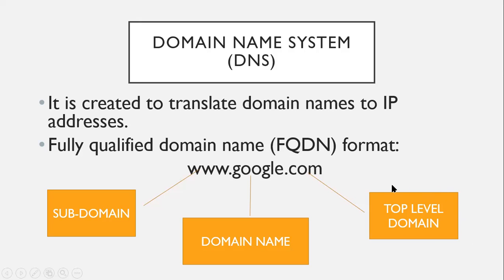It will try to find the top level domain database. Because there are many top level domains, like for example .net, .co, .org, from all the generic top-level domains it will try to find .com. Then afterwards, once it finds the .com database, it will look for Google inside the .com servers.